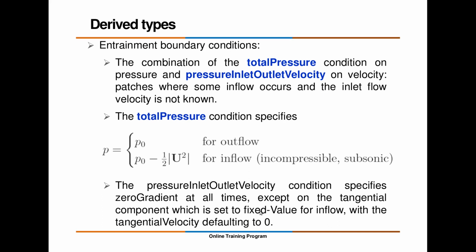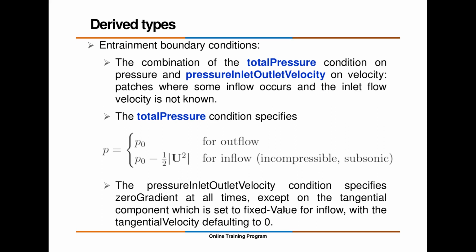Okay, that way it tries to mimic the change with the help of pressure inlet type conditions, and it looks at the incoming velocity based on the total pressure. That way we are able to fix this entrainment class of conditions, so it allows the flow to enter very freely from the inlet portion.